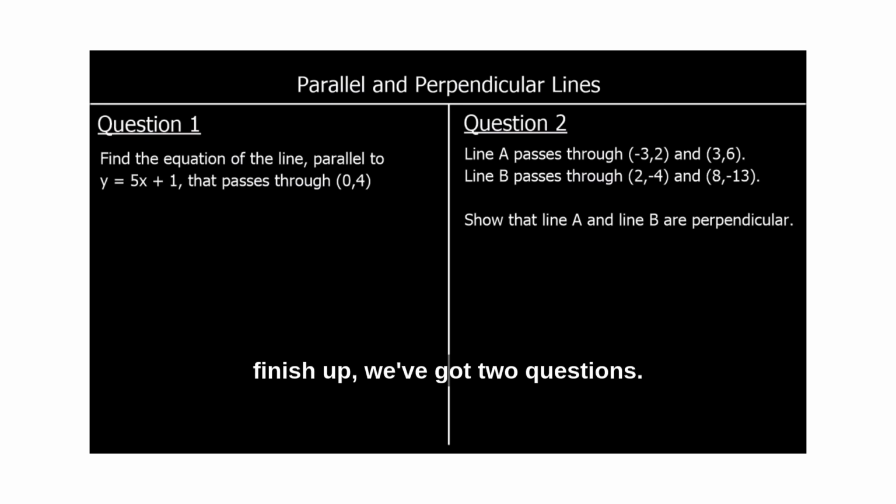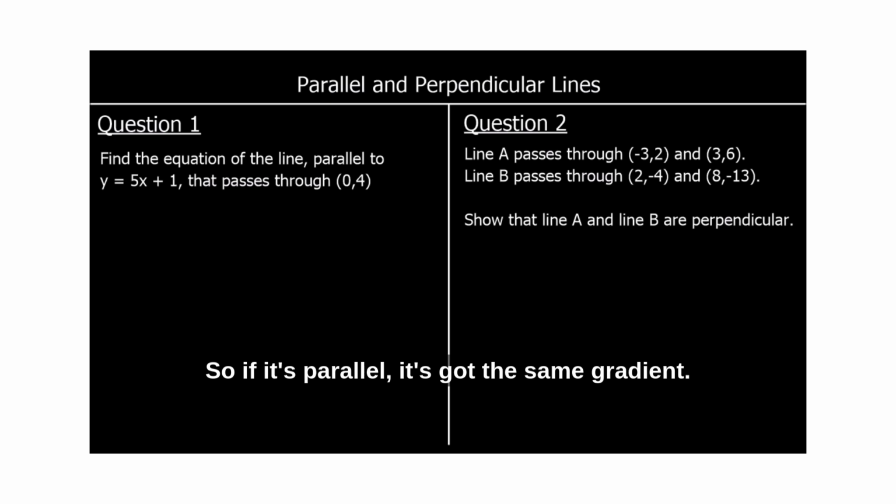To finish up, we've got 2 questions. So pause the video and give it a go. Question 1. Find the equation of the line parallel to y equals 5x plus 1 that passes through (0, 4).